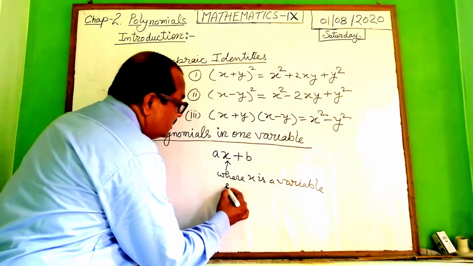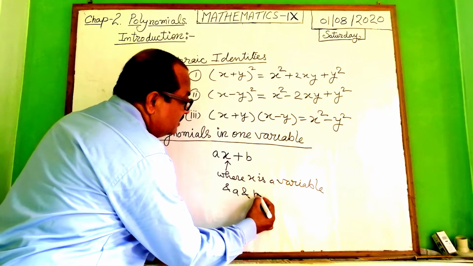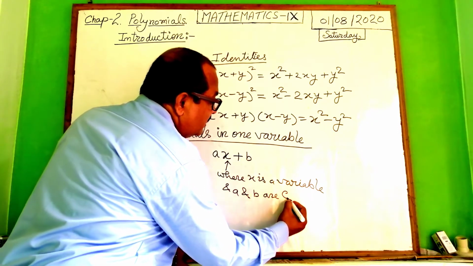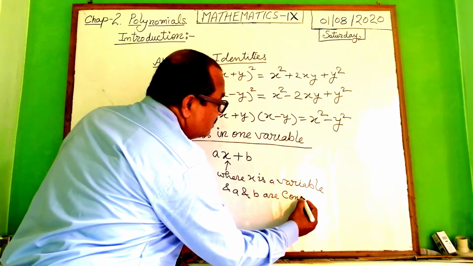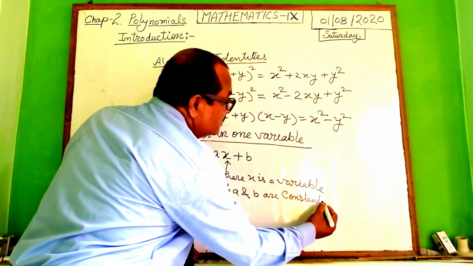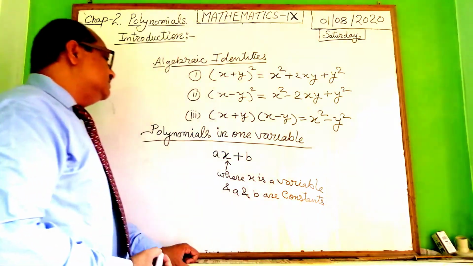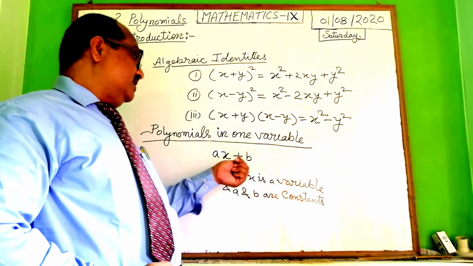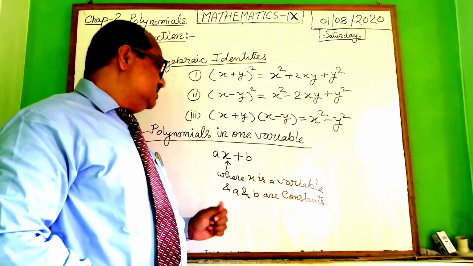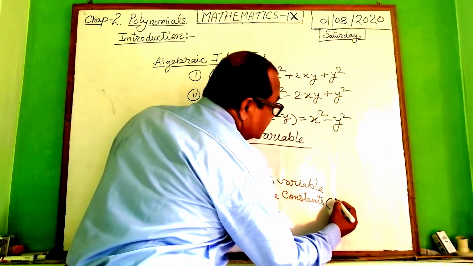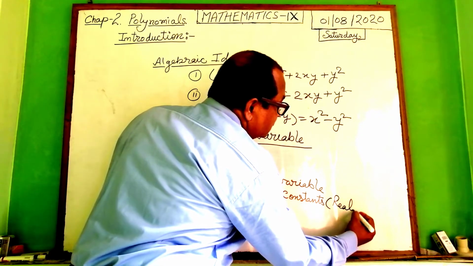And here a and b are called constants. The value of a and b cannot be changed. Constant, or you can say any real numbers.